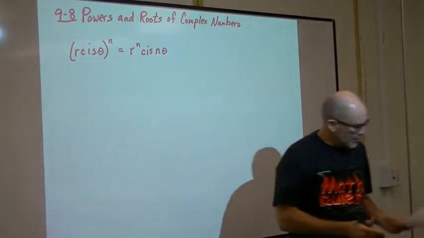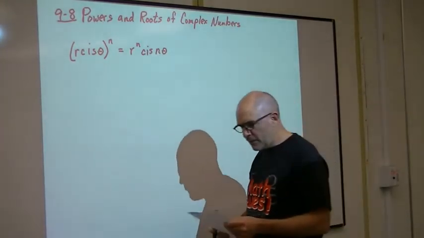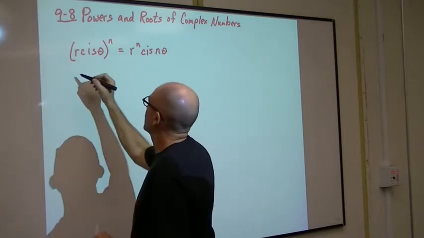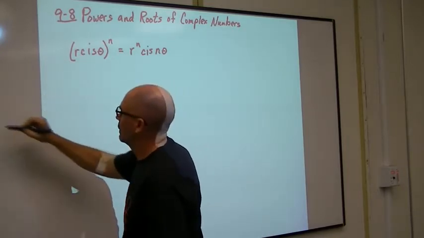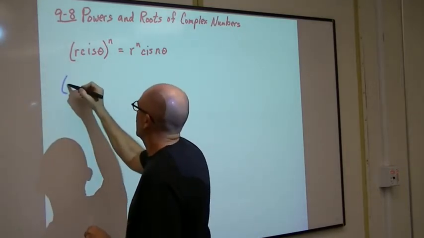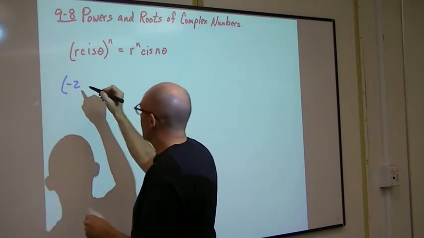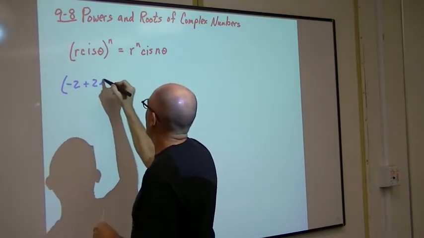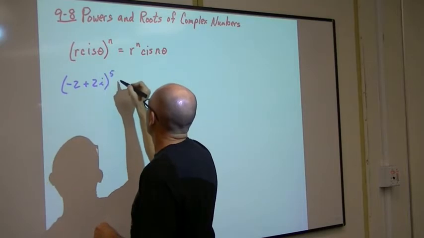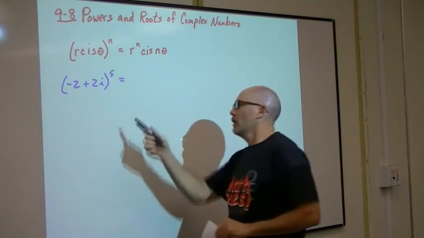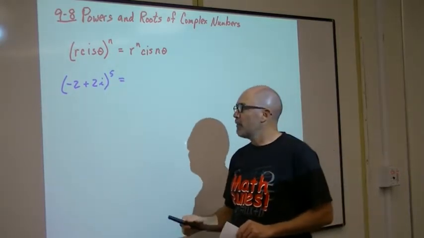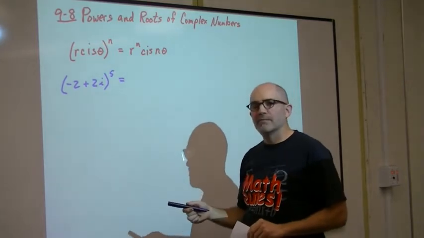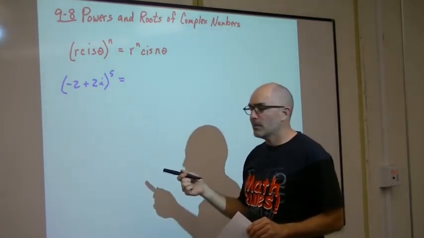Okay, let's try an example with that. So if I have negative 2 plus 2i to the fifth. Now, you could just FOIL negative 2 plus 2i 5 times in a row.